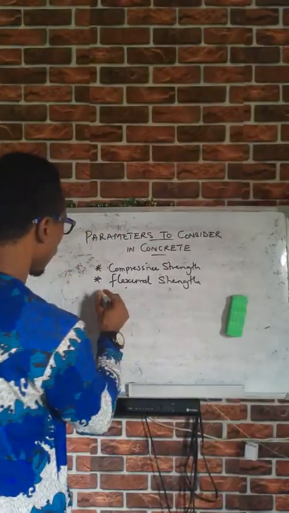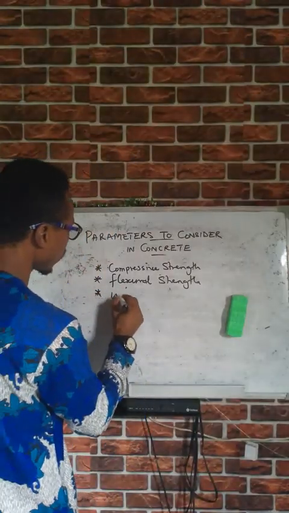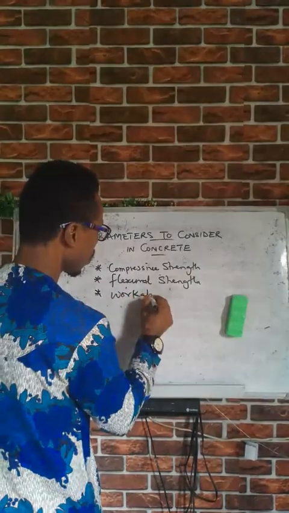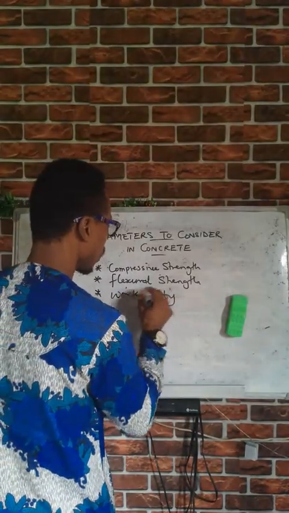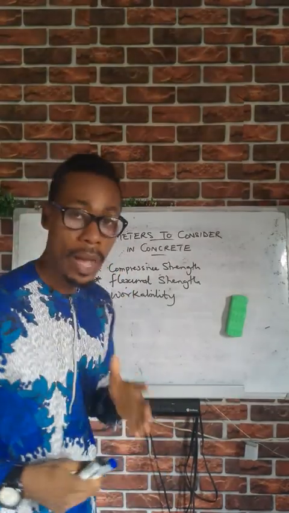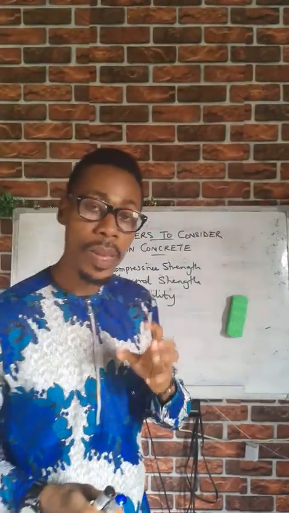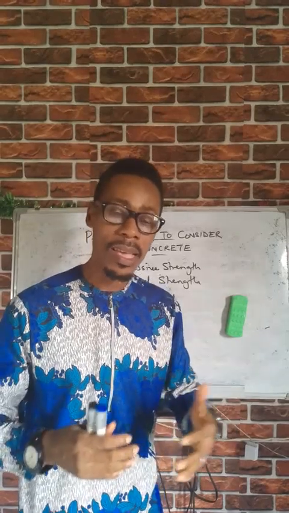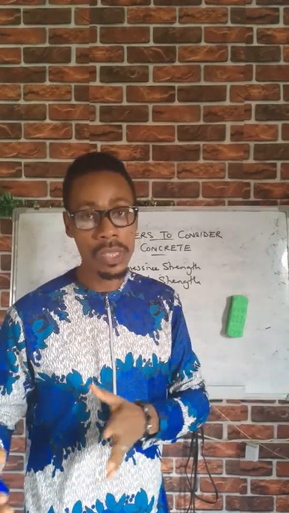Another parameter we are going to look at is workability. Workability is another parameter that we need to look at when we are talking about concrete. Workability has to do with the ease with which concrete can be worked upon.